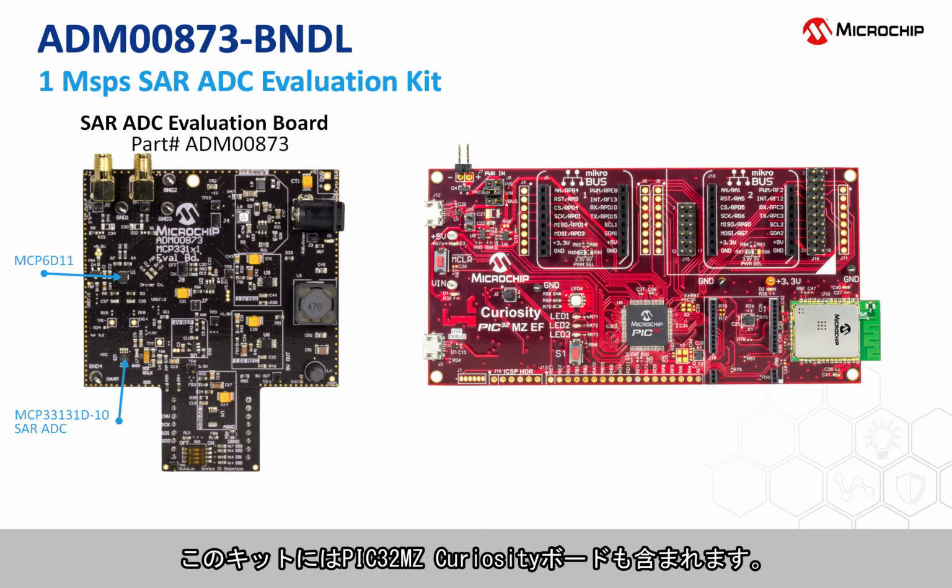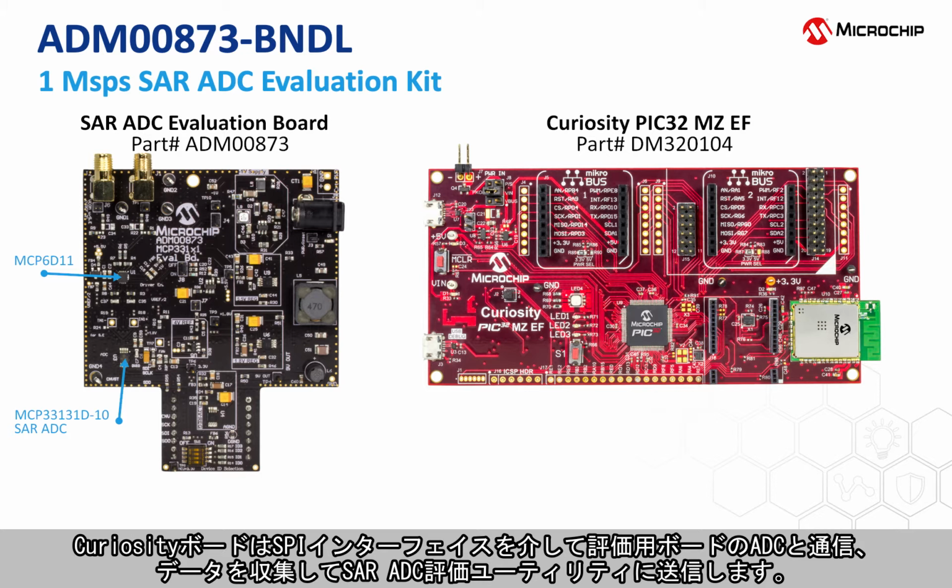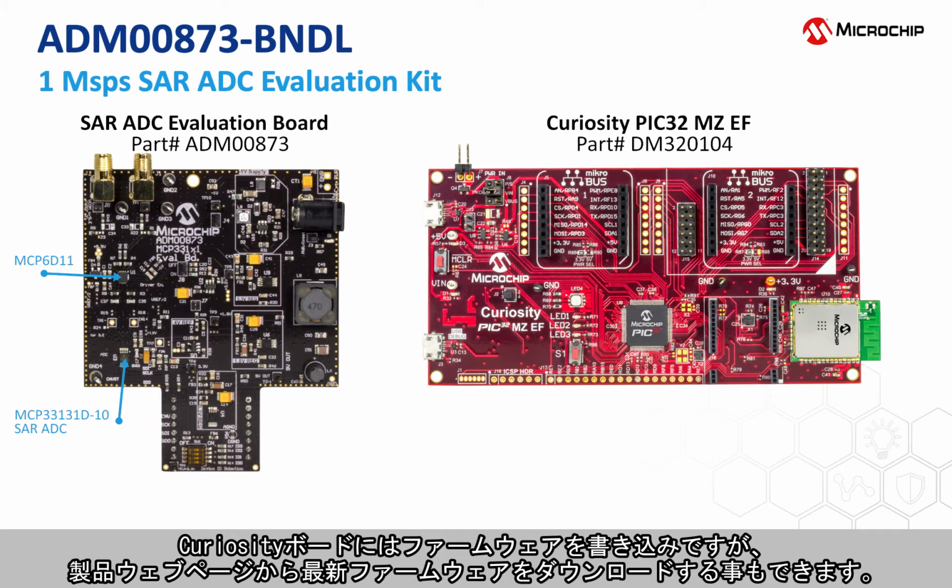The kit also includes the PIC32MZ Curiosity board. The Curiosity board communicates with the ADC on the evaluation board using SPI interface, collects the data, and sends it to the SAR ADC evaluation utility. The Curiosity board will come with firmware already installed, but the latest firmware can also be downloaded from the product webpage.